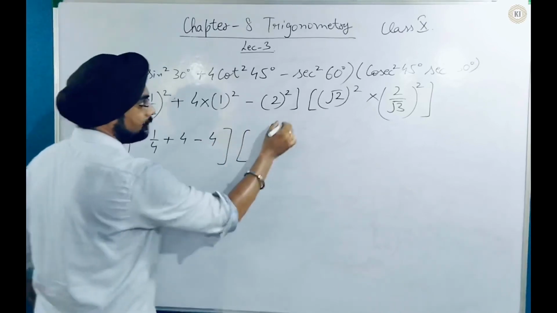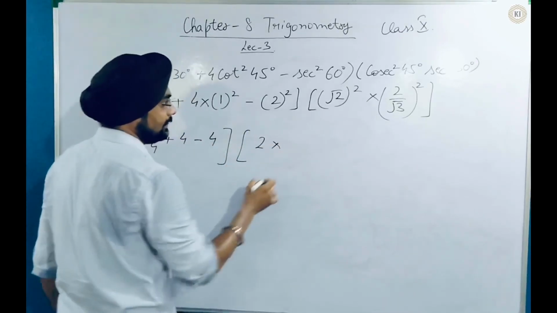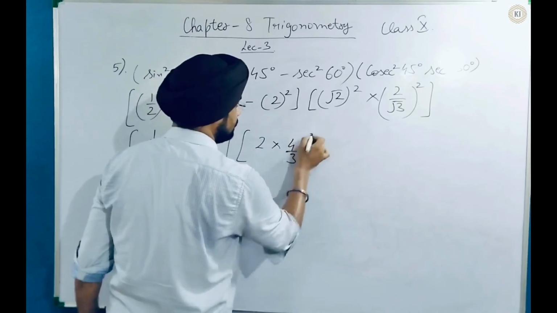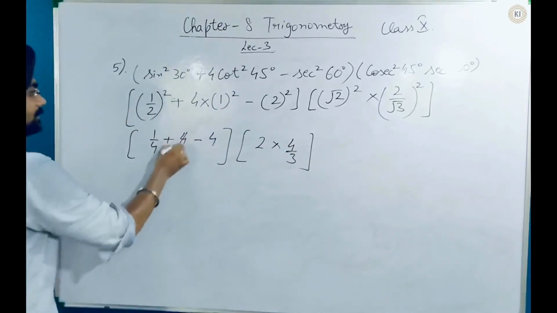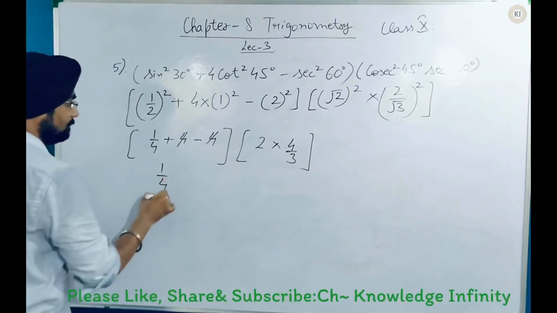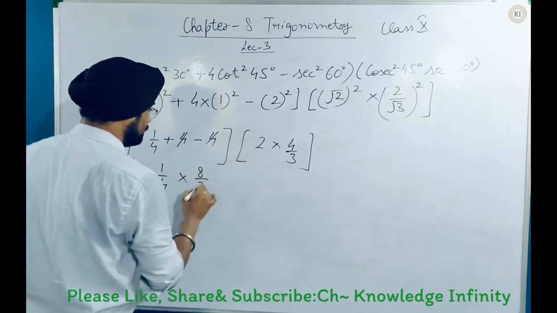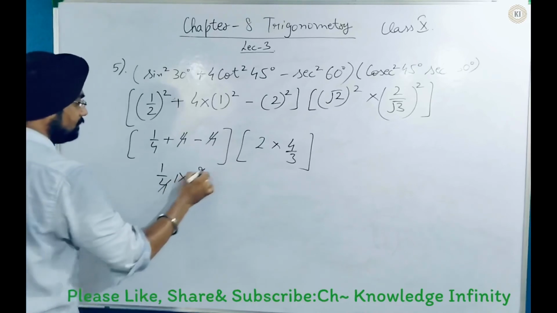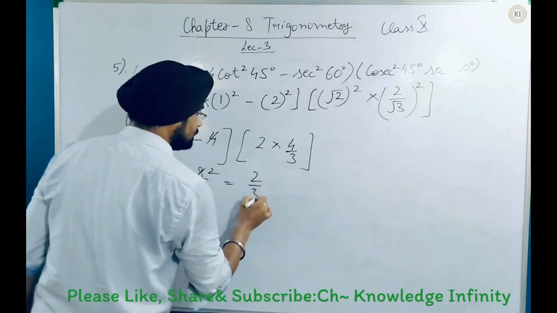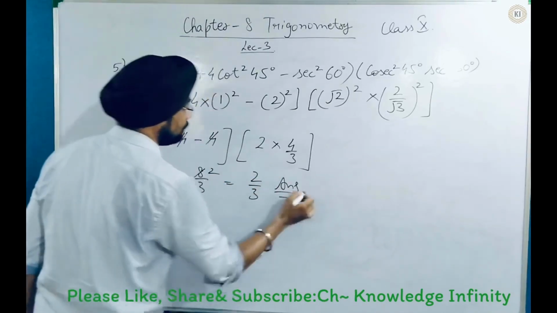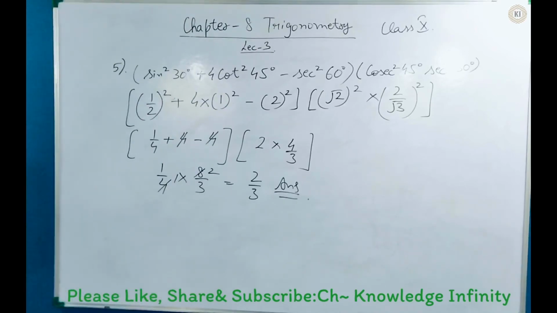Another bracket, root 2 square is 2, multiply 4 upon 3. Plus 4 minus 4 cancel, it will come 1 by 4 into 2 fours are 8 upon 3, 4 ones are 4, 4 twos are 8, that is 2 by 3. So these are some questions based on the trigonometrical angles.